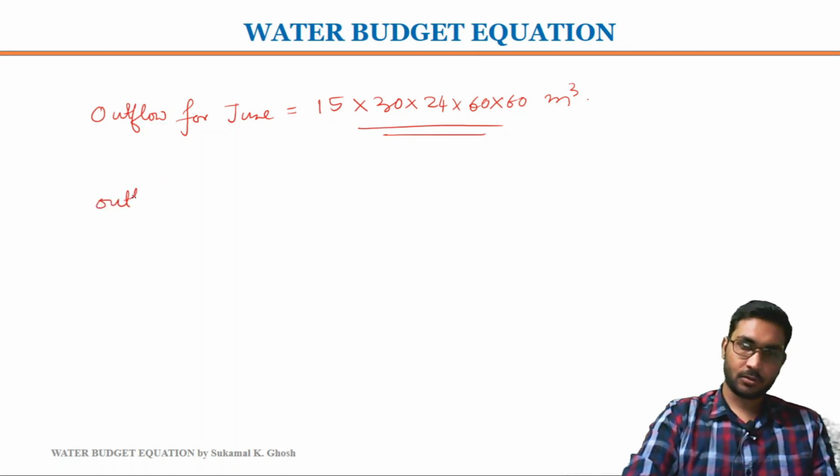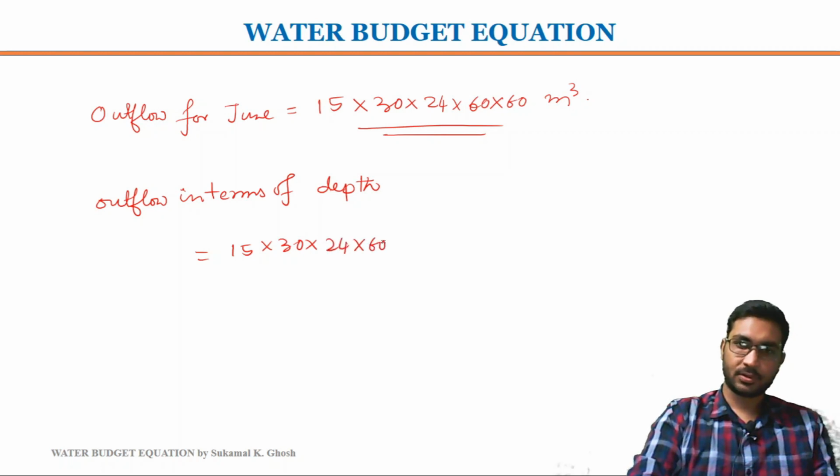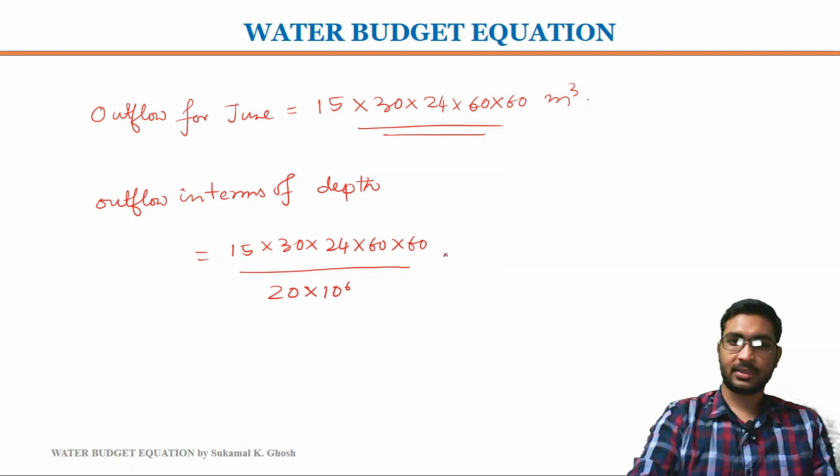So outflow in terms of depth will be 15 into 30 into 24 into 60 into 60, and the area is 20 into 10 to the power 6.